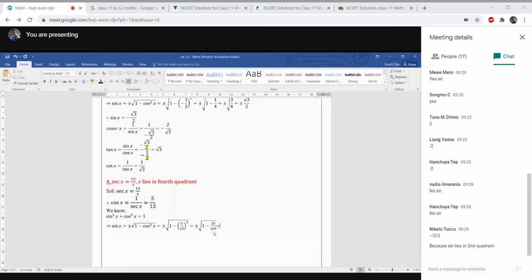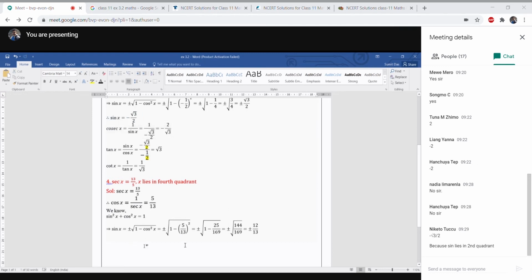So then sin x equals plus or minus the square root of 1 minus, sorry, not 1 minus, if you simplify this one now, it will be 144 by 169, which will give you plus or minus 12 by 13. Therefore the sin x value will be here, fourth quadrant, sine is negative, right?